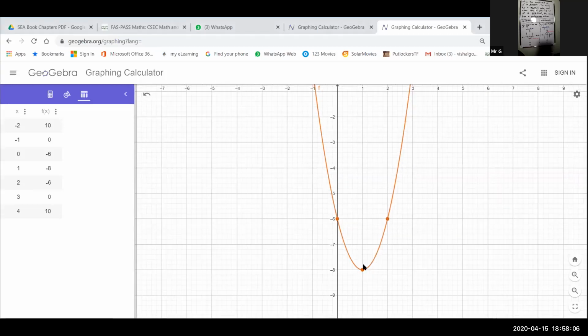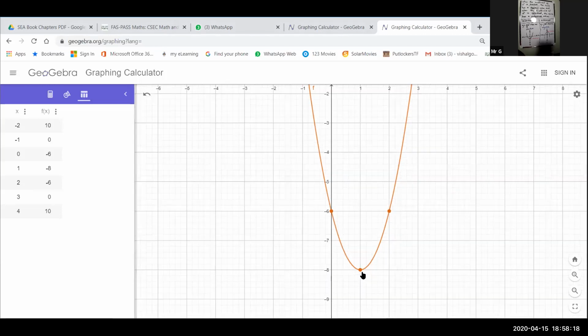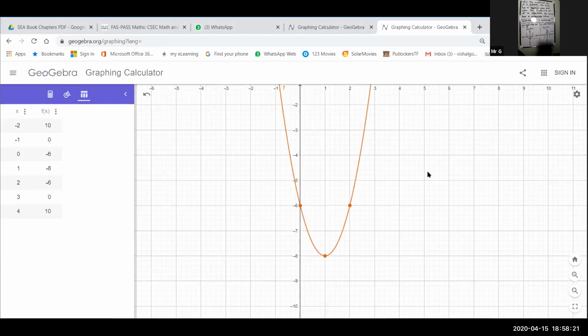Okay, so if you all can see, this is a minimum curve here. This value here, which is -8, that is the value of the minimum. Okay, -8. Everybody okay? Yeah. All right. So I'm moving back now to the camera.